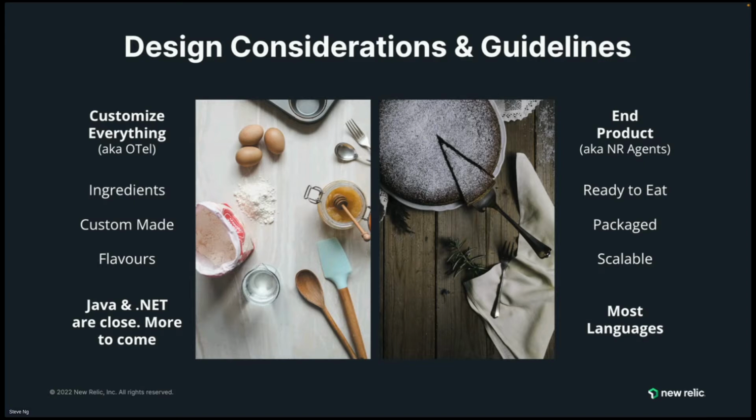That's what you get right now with the New Relic platform, but also with what we call the curated experience with other providers too. OpenTelemetry is kind of like here on the left-hand side, where you can pretty much customize everything. Again, I use cakes and pastry as an example. Maybe you have gluten-free, or vegetarian, or certain dietary requirements where you have to customize everything.